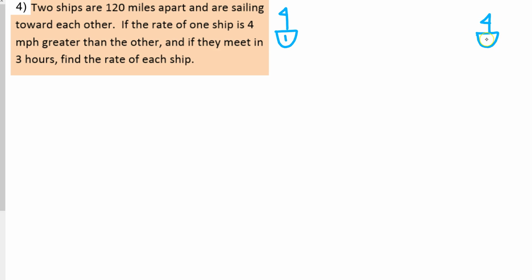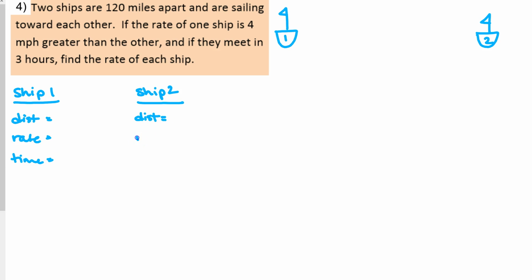Ship 1, ship 2. So we're going to have a distance, rate, and time for ship 1 and a distance, rate, and time for ship 2. 120 miles apart, and one ship's rate is 4 miles per hour greater than the other.